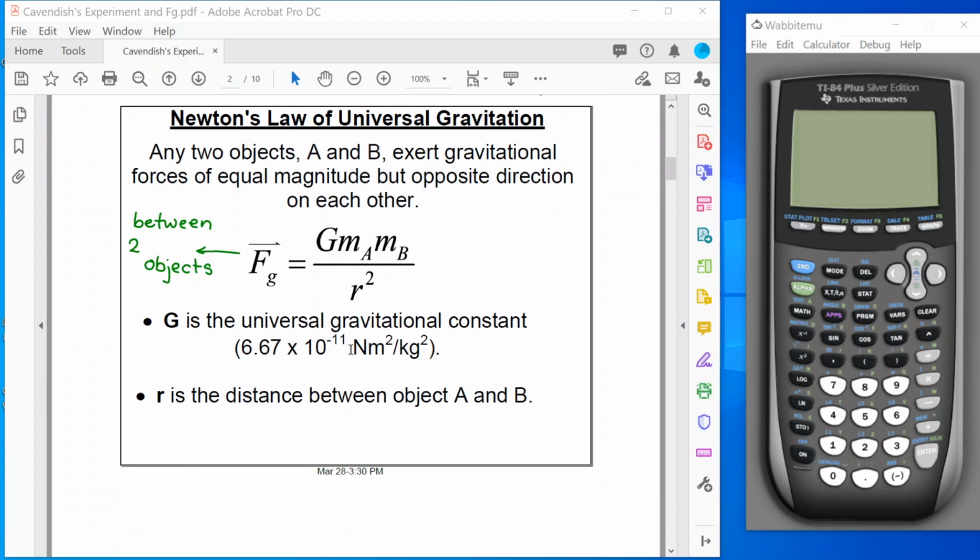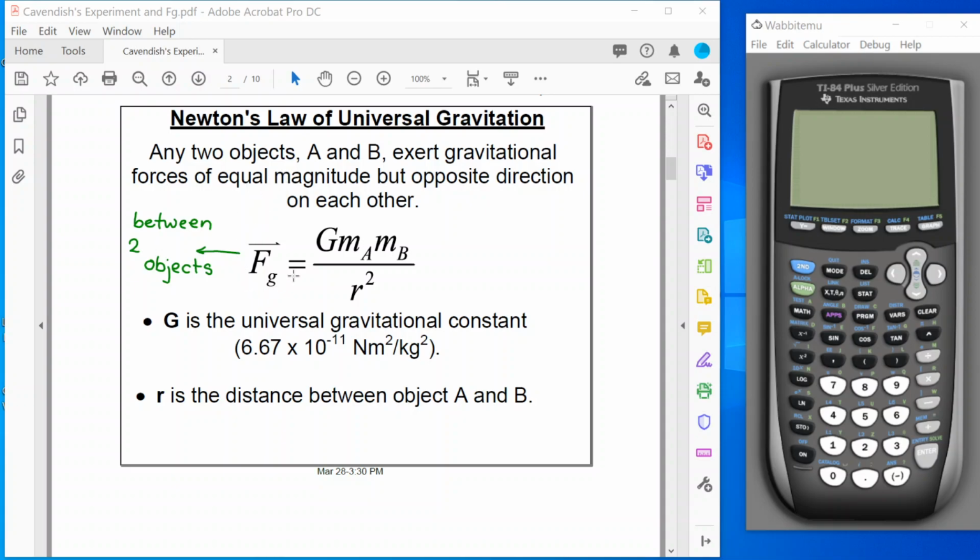So in your notes, we're jumping down to the bottom of page 10 for a second to look at a formula. The name for this formula is Newton's law of universal gravitation. It says that any two objects, which we're going to call object A and object B, exert gravitational forces of equal magnitude but opposite direction on each other.